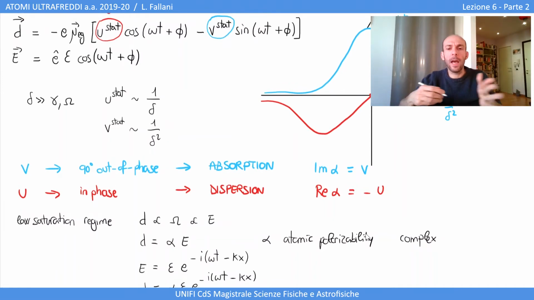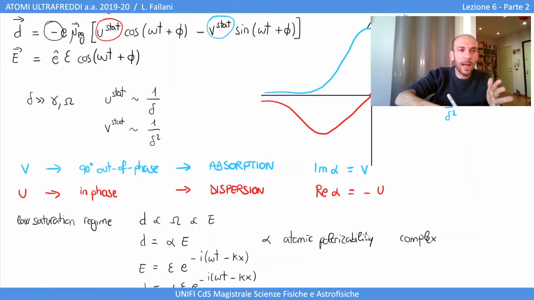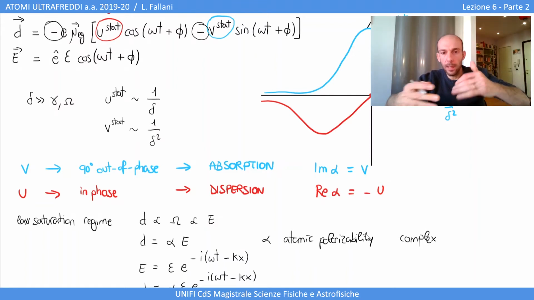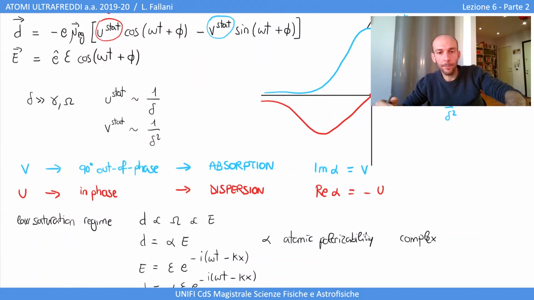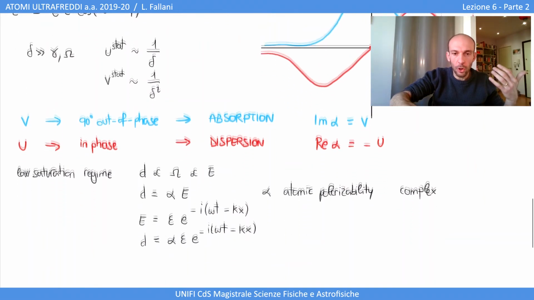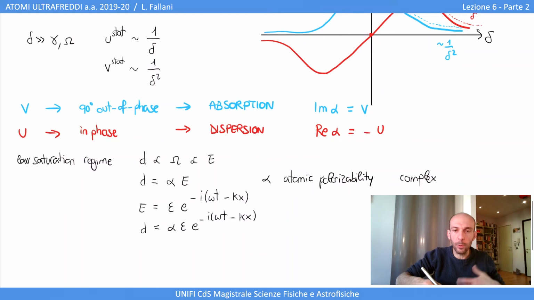And this minus sign comes from this expression, so you have a minus sign here, so the real part of the atomic polarizability is minus u, and the two minus signs in front of v will cancel, and so v will be equal to the imaginary part of the polarizability. And of course, sorry, there will be some constants in between, but I would not like to discuss those in full detail, just give you the flavor, so this will be, generally speaking, proportional.